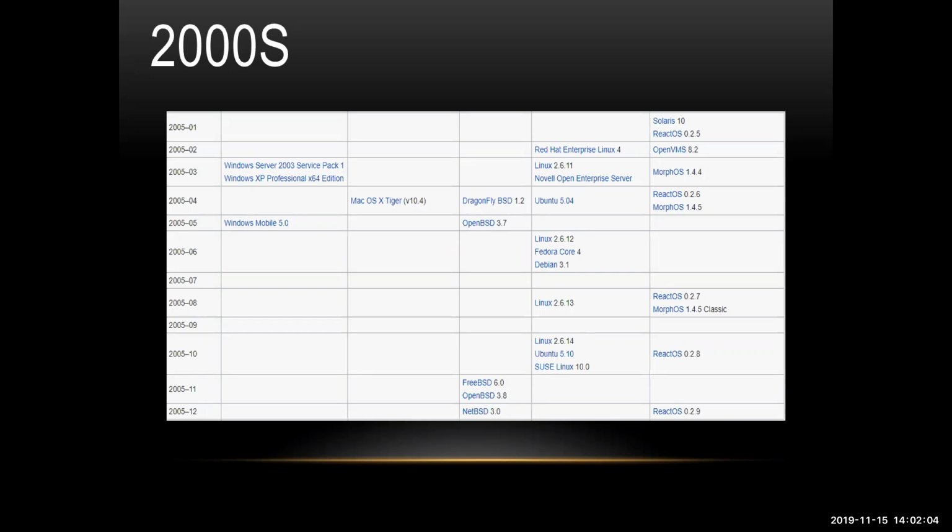And then June of 2005, we had Linux 2.6.12, Fedora Core 4. And then Debian 3.1. And then August of 2005, we had Linux 2.6.13, and then ReactOS 0.2.7, and MorphOS 1.4.5 Classic.